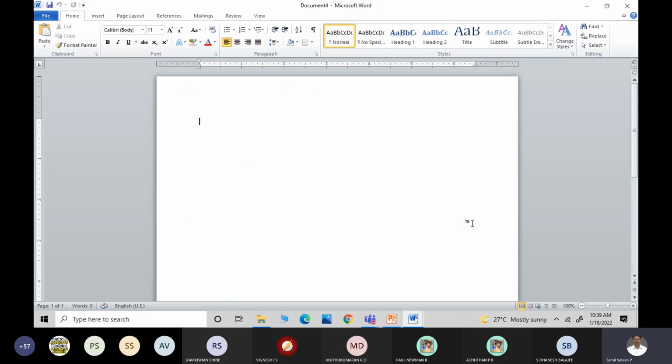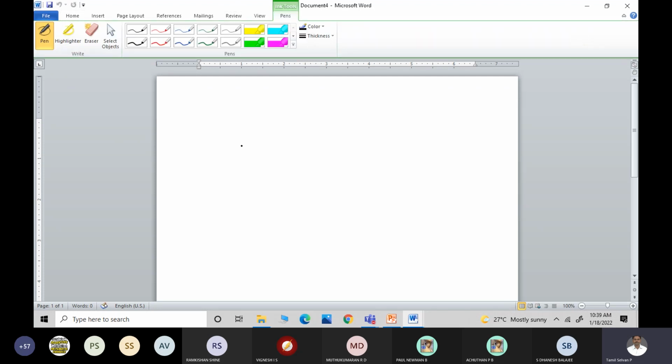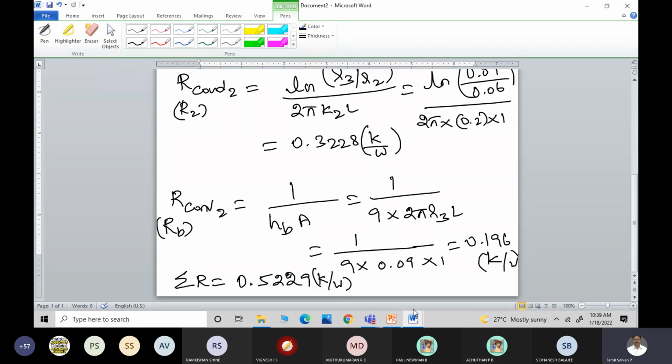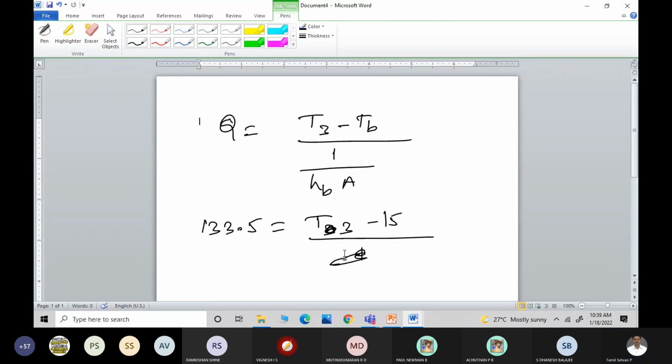Yes, since you know TB, you can take the last circuit and solve like that too. Q equals (T3 minus TB) divided by 1 by HB into A. So 133.5 equals T3 minus 15 degrees C divided by 1 by HB into A, which we have already found to be 0.196.